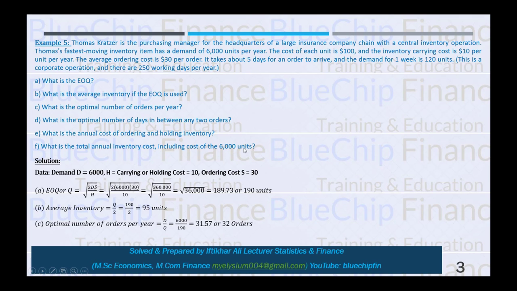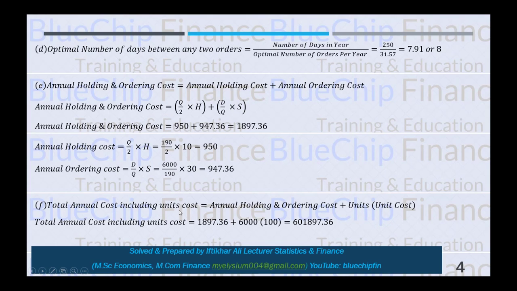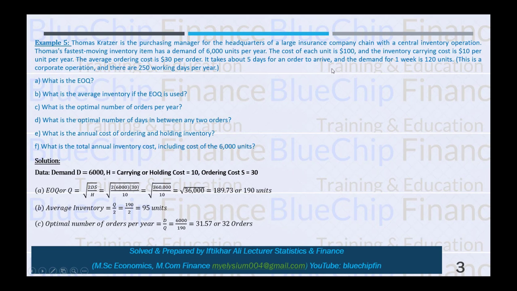After that, what is the total annual inventory cost including the cost of the 6,000 units? So here, in total cost there are two different costs, annual holding cost and annual ordering cost, plus manufacturing cost, which is indicated in the question: the cost of each unit is $100, and demand is 6,000 units per year. This cost is different from annual holding cost and annual ordering cost.